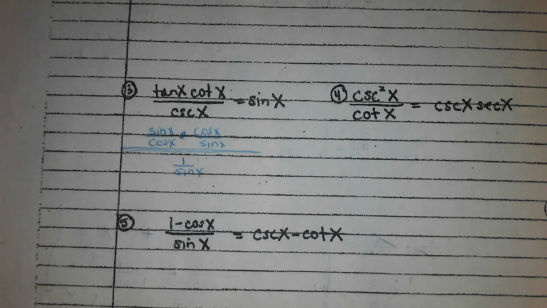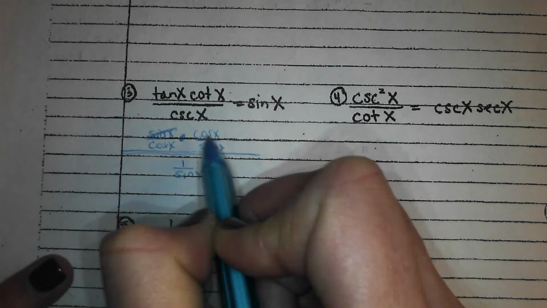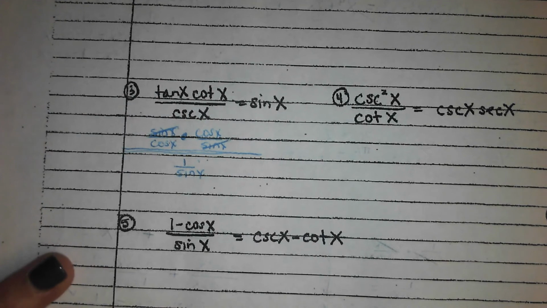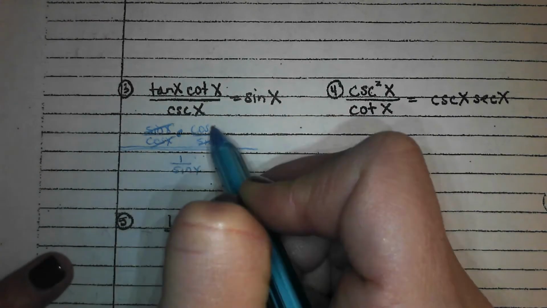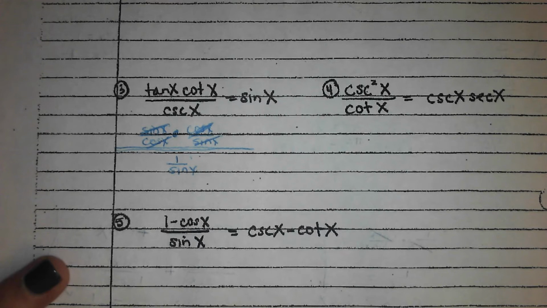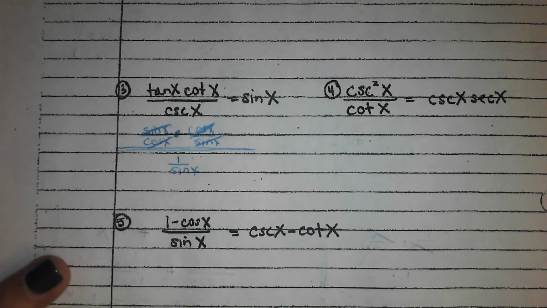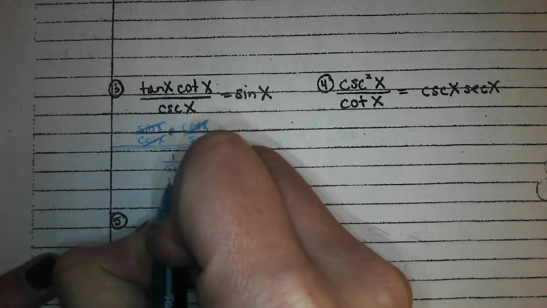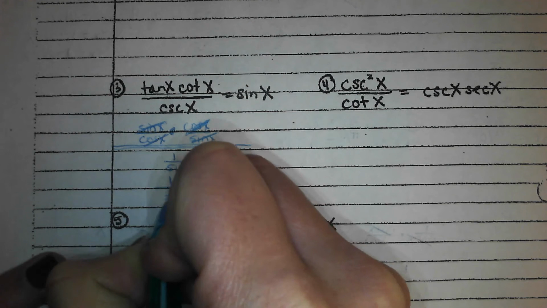But within that numerator, what's nice about this is sine of x and sine of x cancel. Cosine of x and cosine of x cancel. So what's in the overall numerator? 1. So it's 1 over the sine of x.